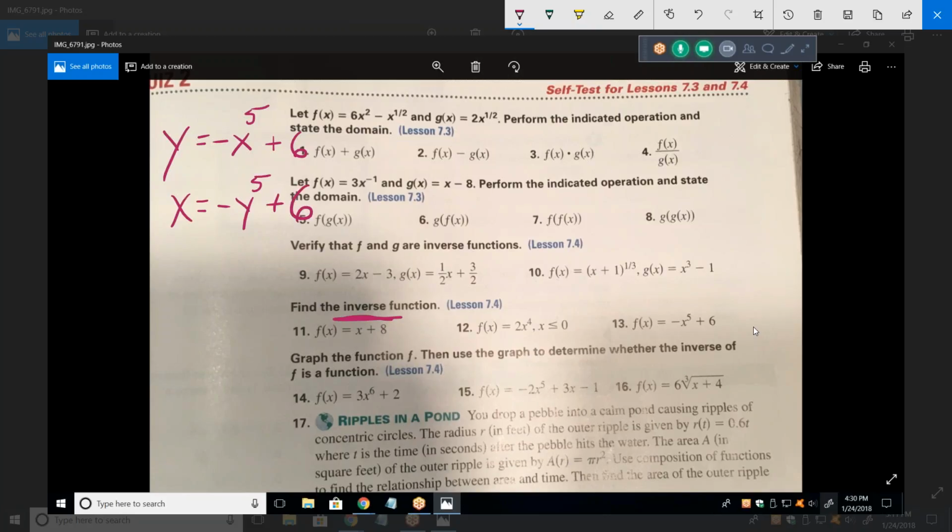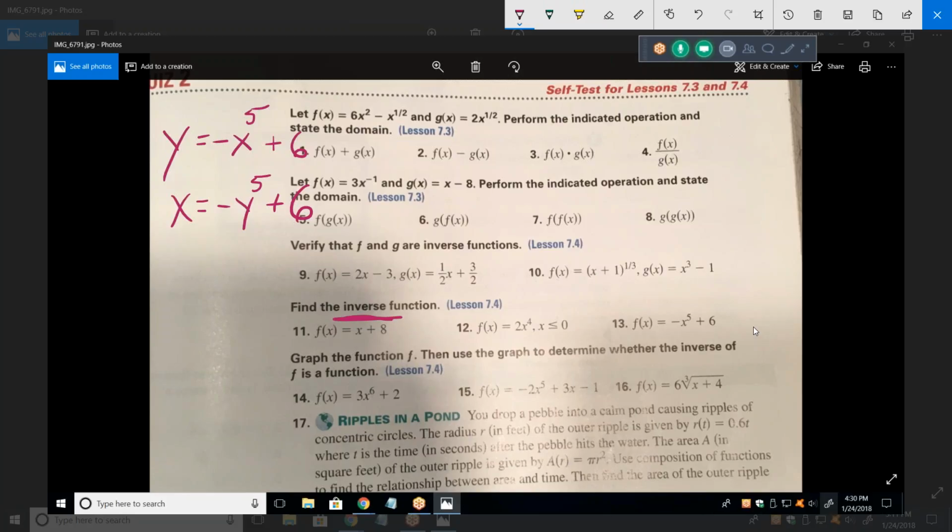Good. And then finally, the third step is to solve this equation for y. That's the third step, always. These three steps never change. The first step is if you're given an f of x, make it say y instead. The second step is swap the variables, and the third step is solve for y.